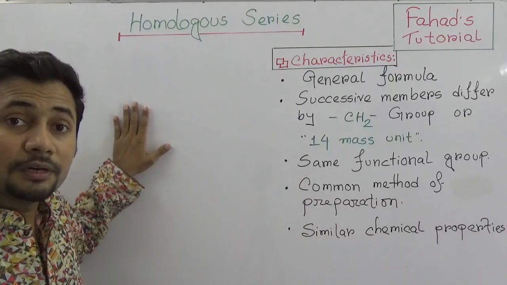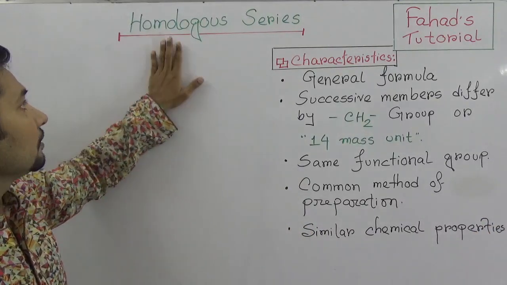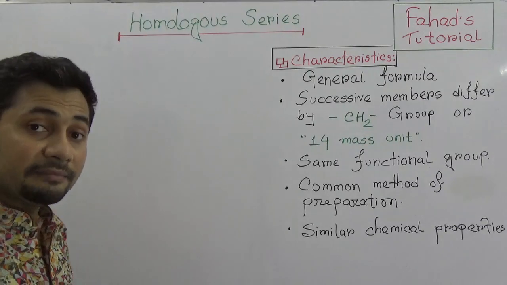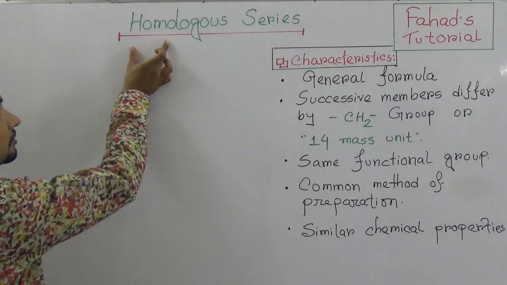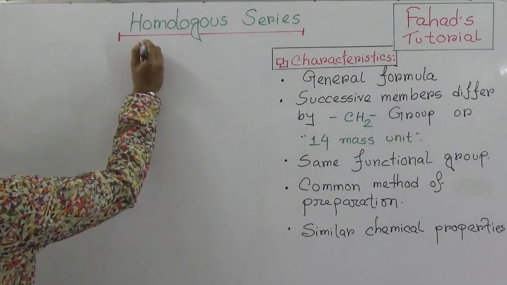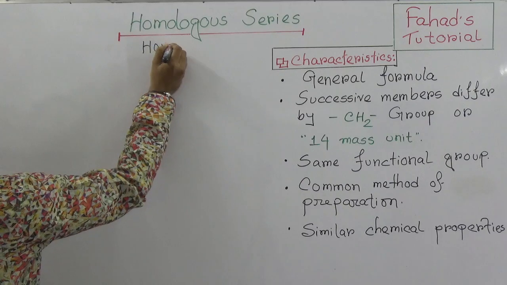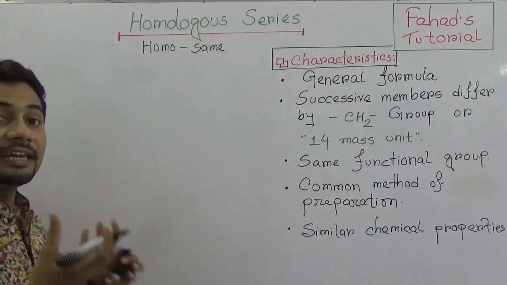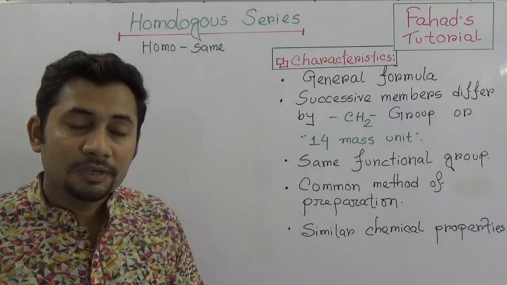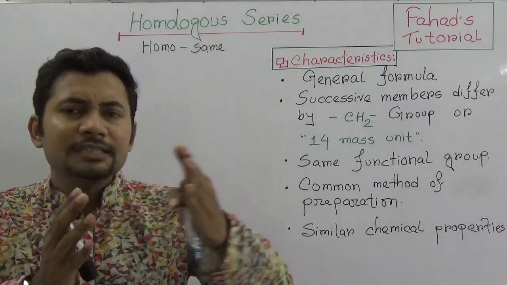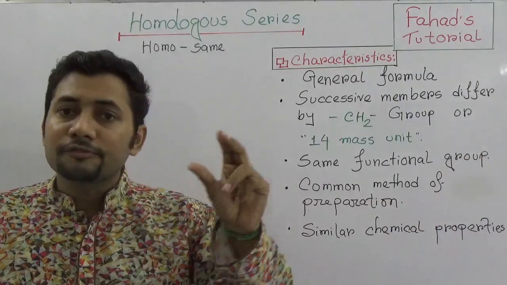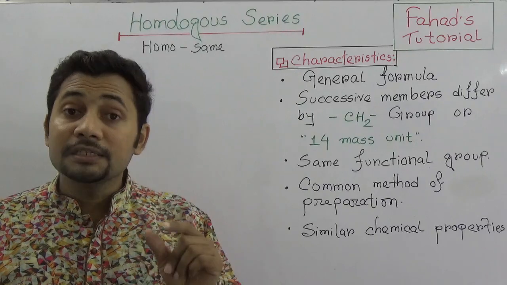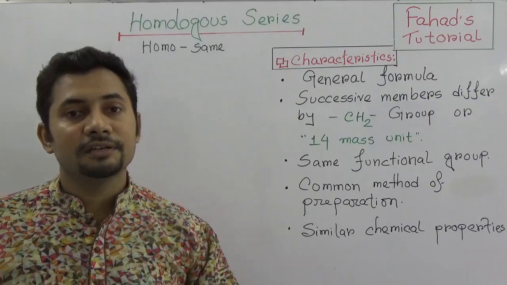So in this video we're going to learn what? Homologous series. The name tells everything: the word homo means same. From the name itself we know that there is a series of compounds with a general formula but not the same molecular formula.